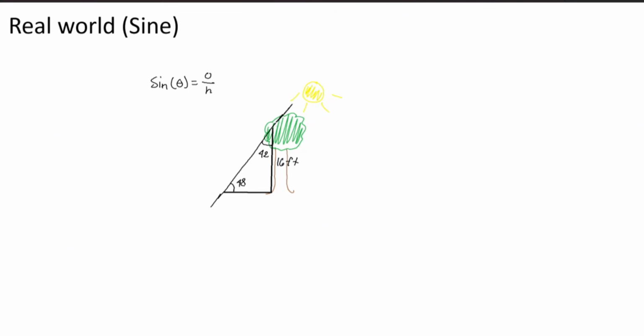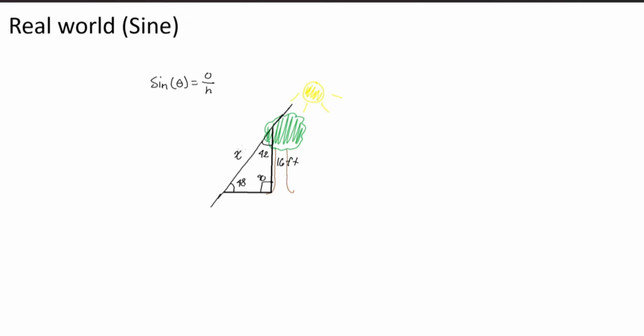We're going to use this 48 degree angle here. And we know this is going to be 90. Okay, so what if we want to find this horizontal length here for whatever reason?